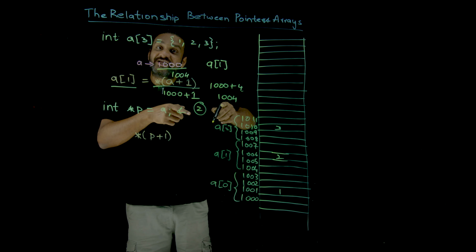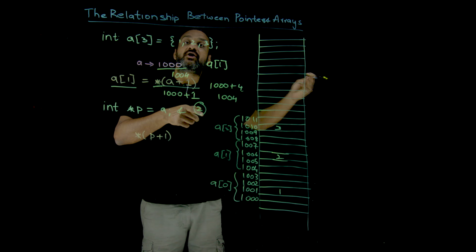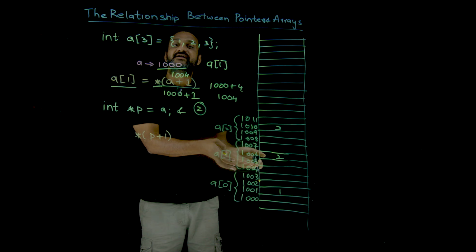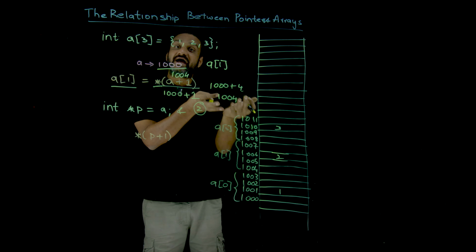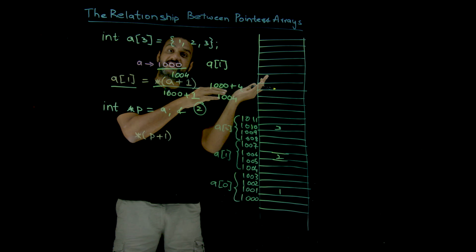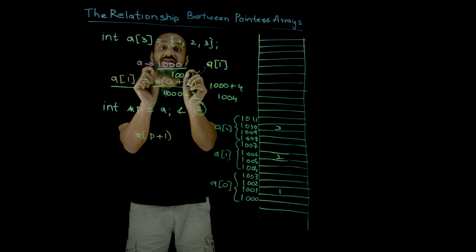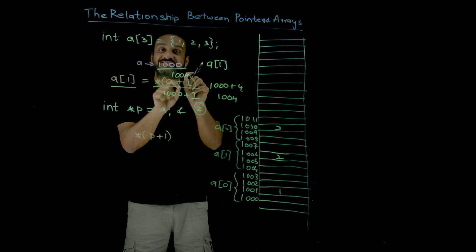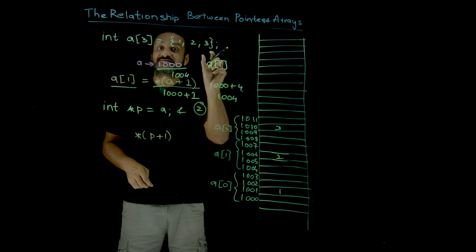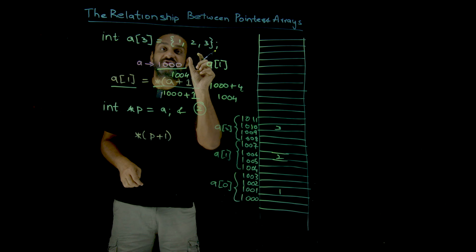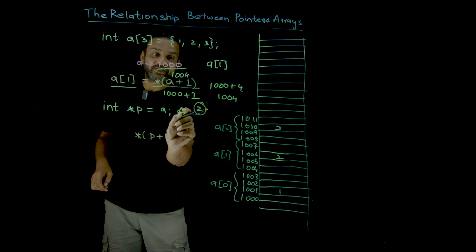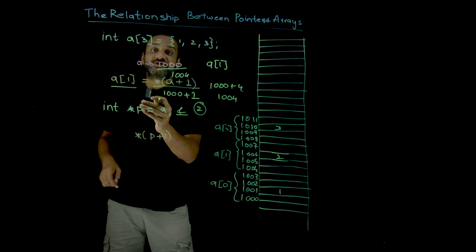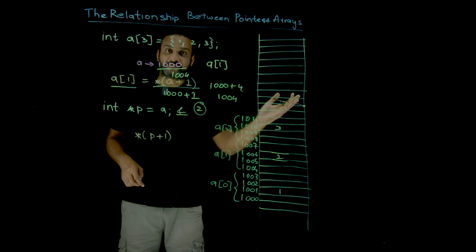There is no need to use a separate address-of operator to get the address of an array. The name of the array itself is an address. That is why using the name of the array means you are using the starting address of that array. There is no need to use the address-of operator whenever we point to an array.